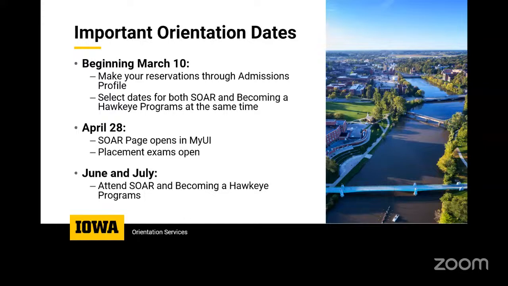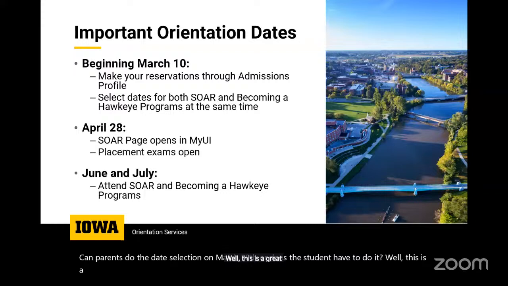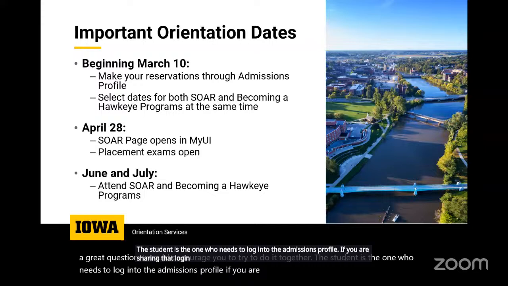Can parents do the date selection on March 10th, or does the student have to do it? Well, this is a great question. I would encourage you to try to do it together. The student is the one who needs to log into the admissions profile. If you are sharing that login, technically parents could do it.